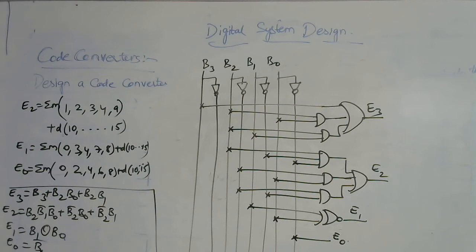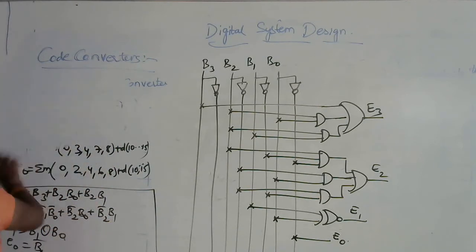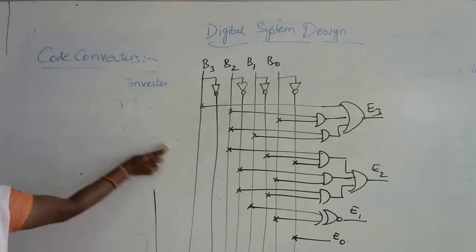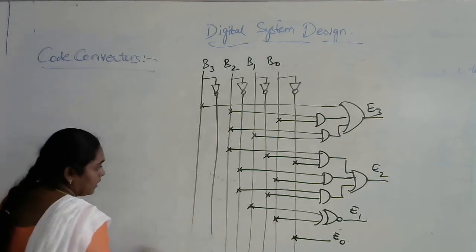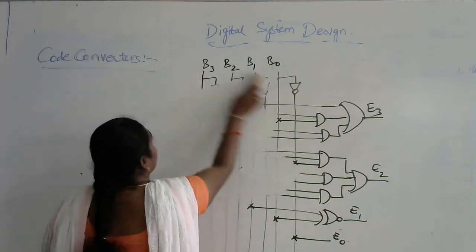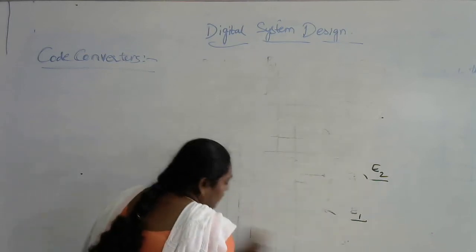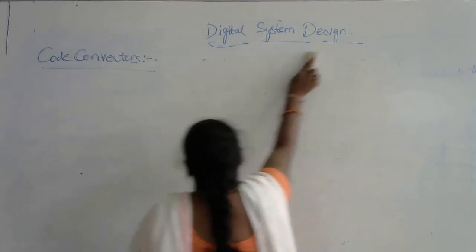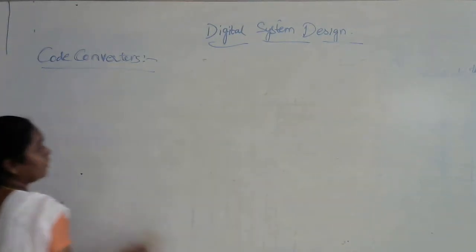the gray code. So here we need to design a code converter which will convert an input binary. Instead of going for the 4-bit binary, let me take the input code as a 3-bit binary. So the question is: design a code converter which will convert a 3-bit input binary number to the corresponding gray code.